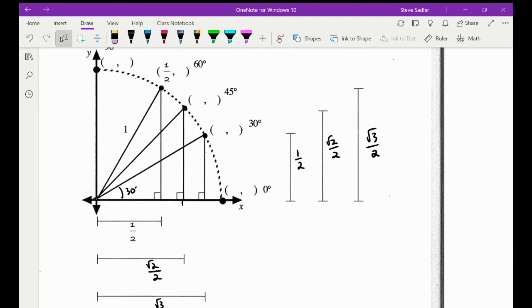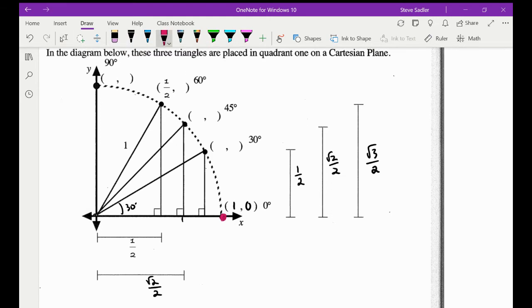For the first one, right down here, the x-coordinate is just the radius, which is 1, and the y-coordinate is 0, because we are still on the x-axis. The same for the 90-degree point up here. We haven't left the y-axis, so our x value is 0, and our y value is 1.